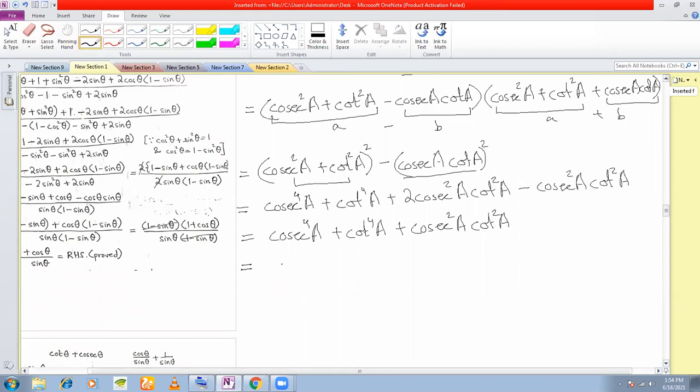Now you have cosec to the power of 4 here. So you take these two together, the first one and this one. So you have cosec to the power of 4A plus cosec square A cot square A plus cot to the power of 4A.